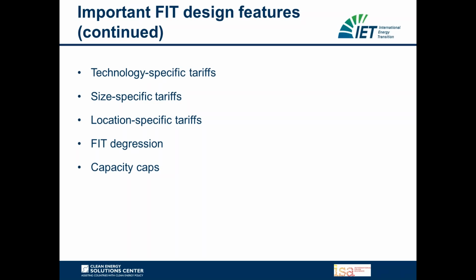Another very important design feature is feed-in tariff digression. That means an automatic reduction of the solar PV tariff in future years. So this does not affect existing projects that have already connected to the grid, but instead you say, for instance, for projects that will be installed in 2018, you get 5 cents per kilowatt hour.